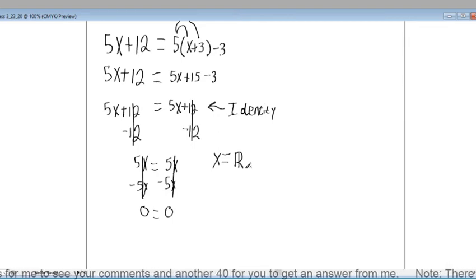Or if you want to simplify it all the way down, 0 equals 0. So if you have something like that, 0 equals 0, 1 equals 1, x equals x, anything like that, it's an identity, and your answer is that x equals all real numbers. It does not matter what we plug in for x. It's always going to work.